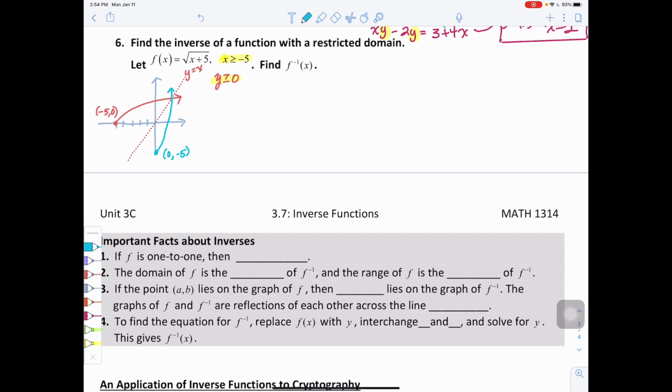So let's go ahead and find the inverse algebraically and then put some restrictions on it. So we begin with f of x equals the square root of x plus 5. We'll let f of x equal y. And I wanted to mention over here we do have a 1-to-1 function.